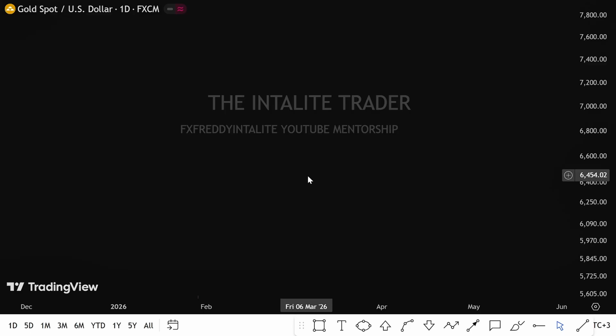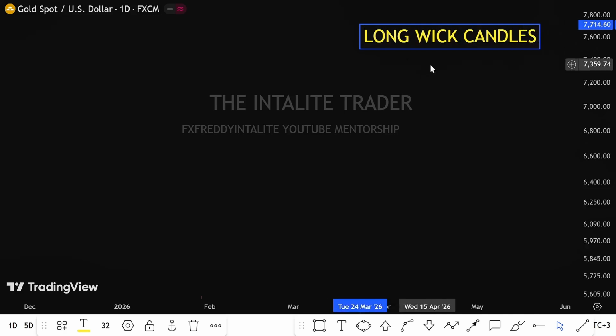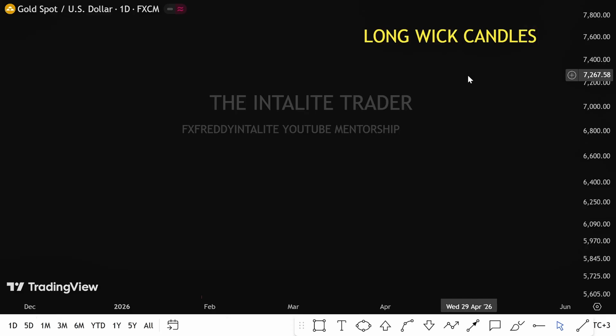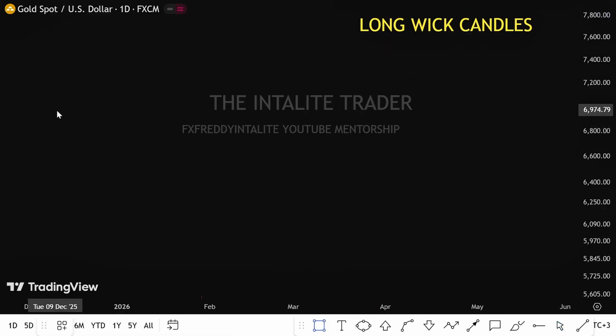Now, to start with, we are going to look at what we call the long wick candles. Here in the advanced way of trading candles, the long wick candles, we want to see price.